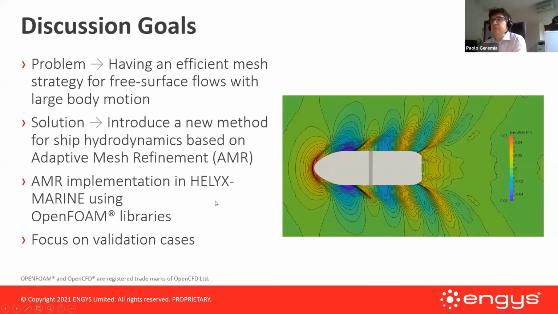So let's start off with a bit of background here. First of all, when it comes to running free surface flows for ship hydrodynamics, especially in case of large body motion with OpenFOAM, you need to rely on sometimes quite complex meshing strategies in order to fully capture all the different features that you want to have.